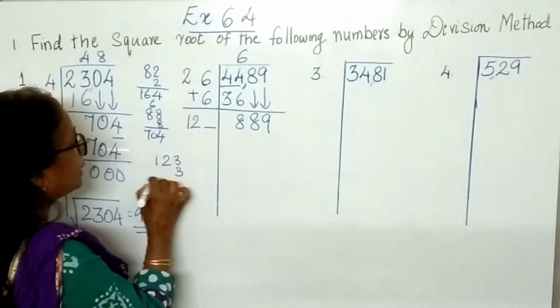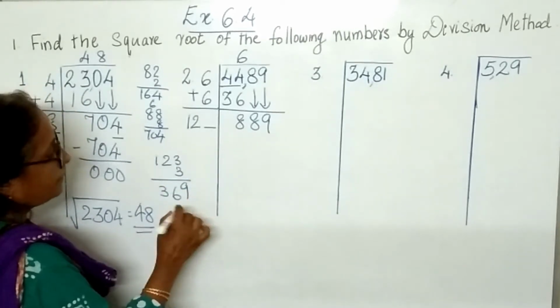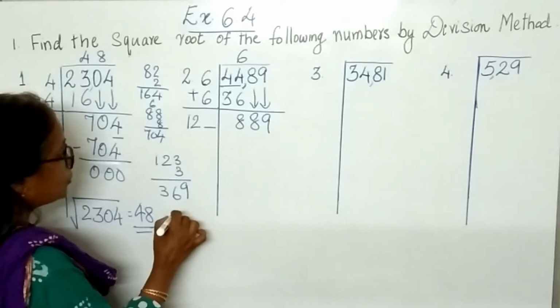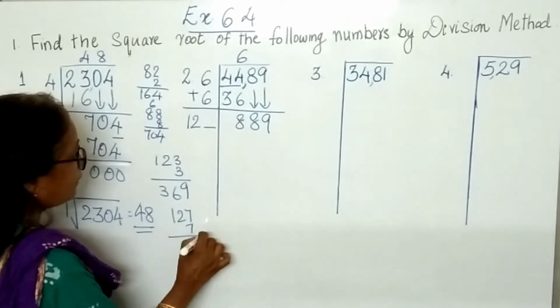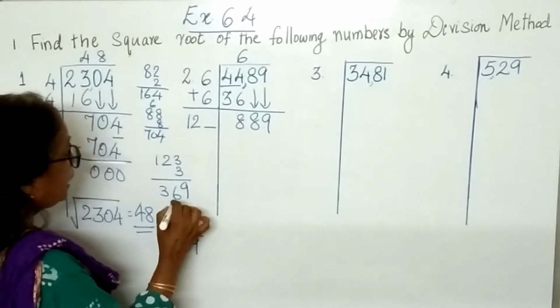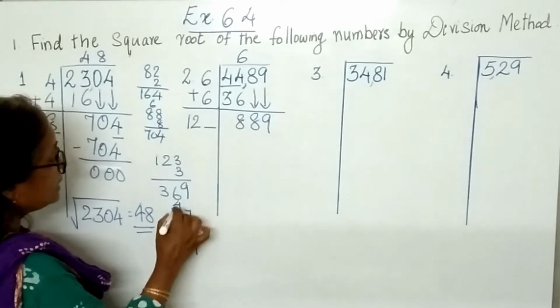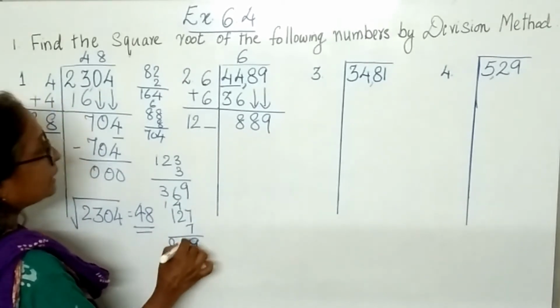123 into 3. 3 3s are 9, 3 2s are 6, 3 1s are 3. That is not the number. So try with 7. 127 into 7. 7 7s are 49. 2 7s are 14 plus 4, 18. 7 1s are 7 plus 1, 8.